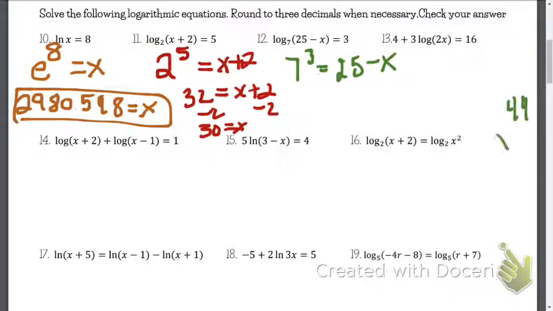I don't have a calculator next to me. 49 times 7 is what? 3, 6, 28, 34. So 343 is equal to 25 minus x. Okay, subtract 25 from both sides.